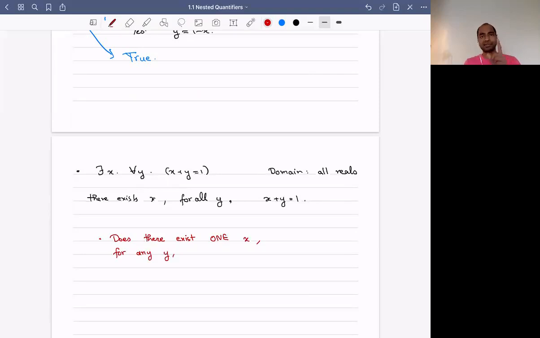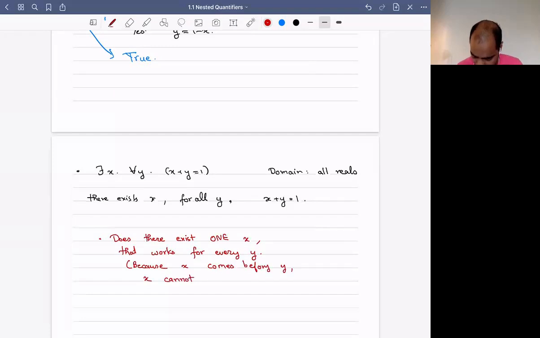So now we're asking, does there exist one x that works for every y? And because x comes before y, x cannot depend on y. So this one x has to work for all possible values of y.